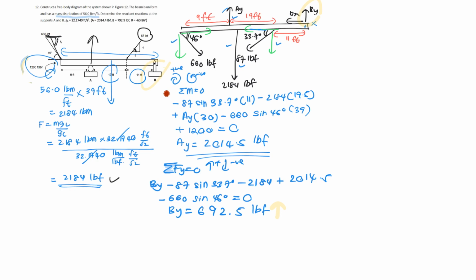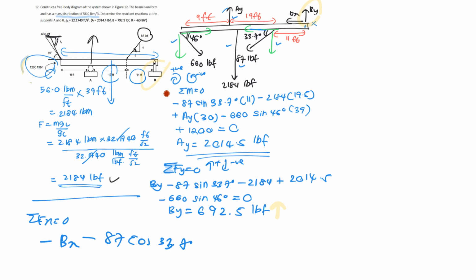Okay, so next one, I'm going to use the sum of FS equal to 0, which means that I only focus on the S component. So my assumption here, BS is to the left, negative BS. And then minus also this 87 cos 33.7 because it's towards the left.